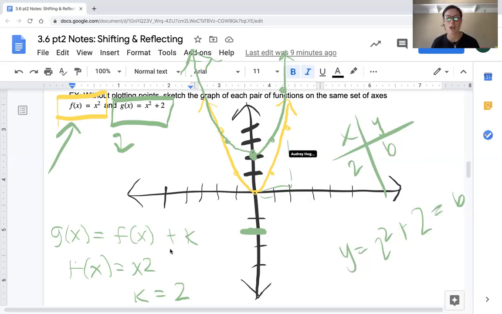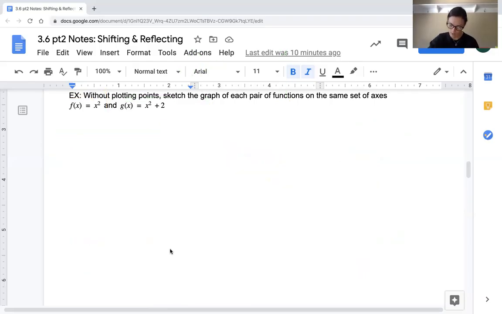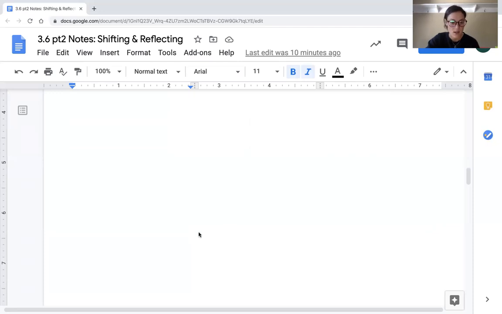So then you could sketch out a few points, but because you know it's going to be a parabola, mirrored, and up 2, if you need to plot a few points to give yourself a better idea, that's totally fine. But the main idea is that you're not using just plotting points to graph these functions anymore. You're saying, oh, I recognize that that is a vertical shift up of a parabola. So that is vertical shifts.